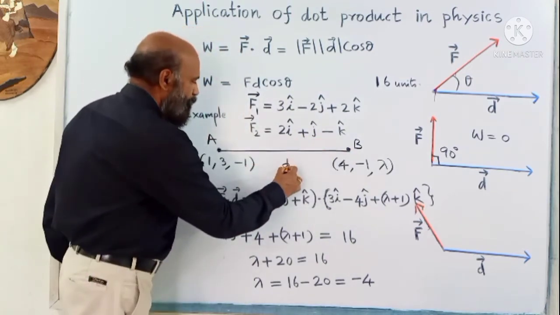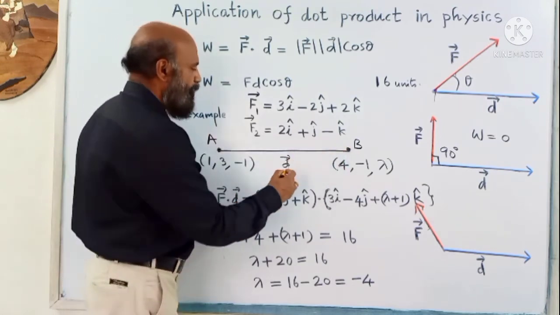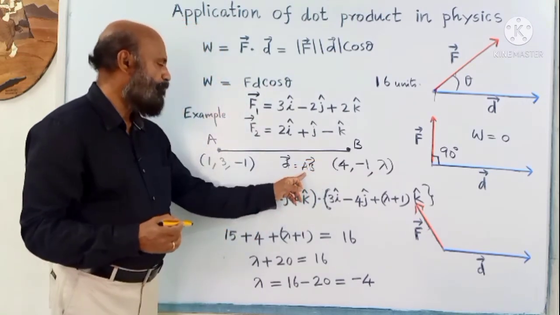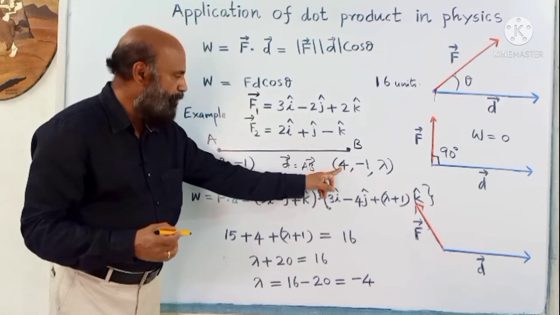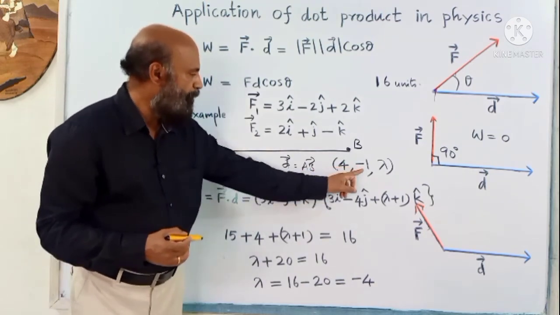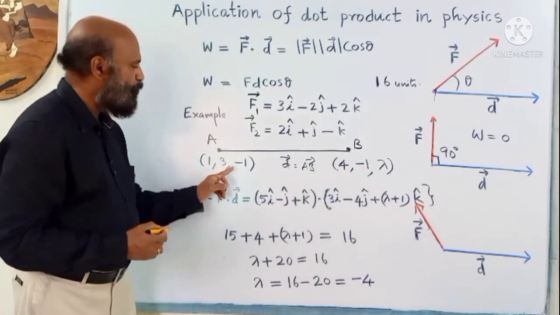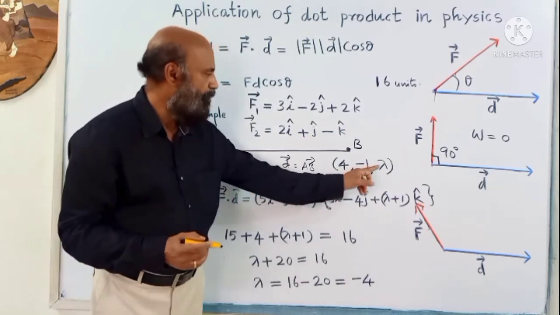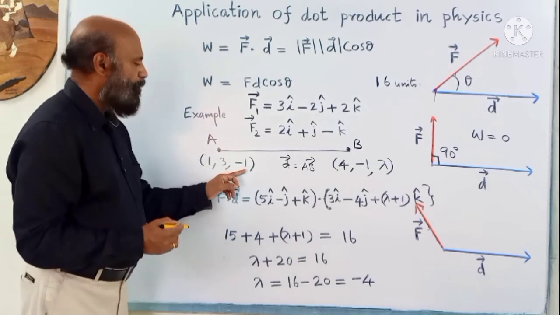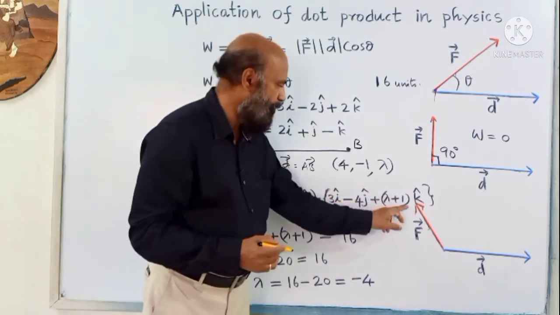That is AB vector, position vector of B minus position vector of A, that is 4i minus 1i, so that is 3i, then minus j minus 3j, so it is minus 4j, then lambda k minus 1k, so this is lambda plus 1 k cap.